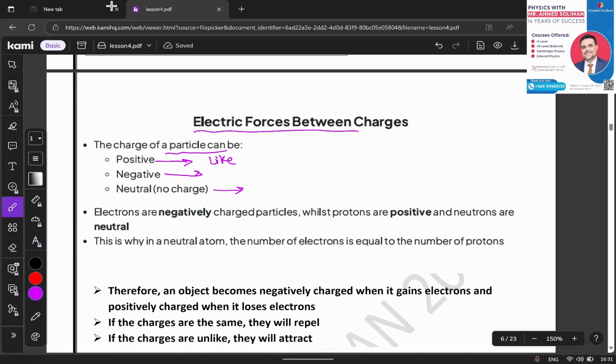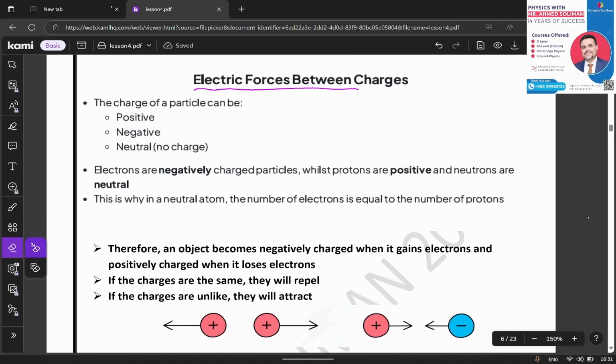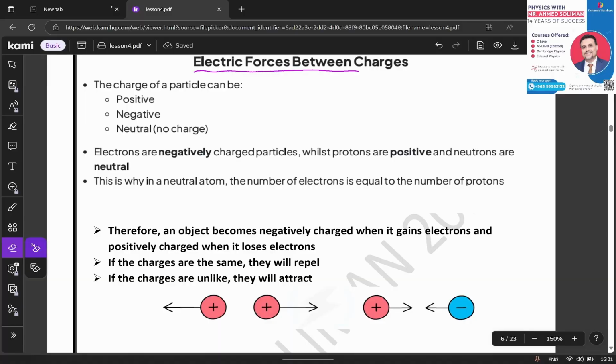What's inside the nucleus that carries a positive charge? Proton. Yes. And what about negative charge? Electron. Yes. What about neutral charge? Neutron. Yes, right.